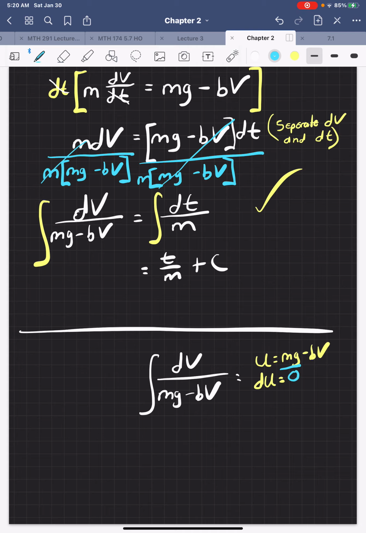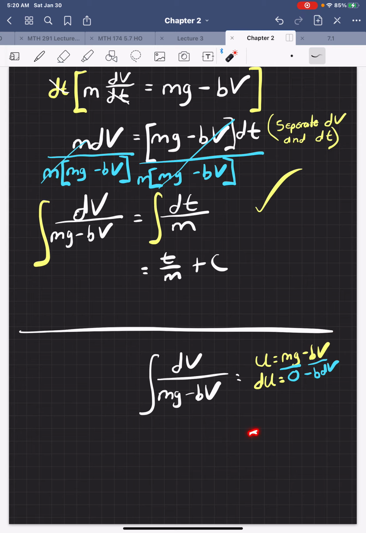And if I take the derivative of negative bv with respect to v, b being a constant, this would just be minus b dv. All right, don't let these letters confuse you. mg is just a constant, like 23. And bv is a constant attached to v, so like 2v.